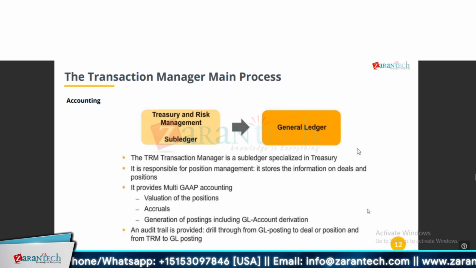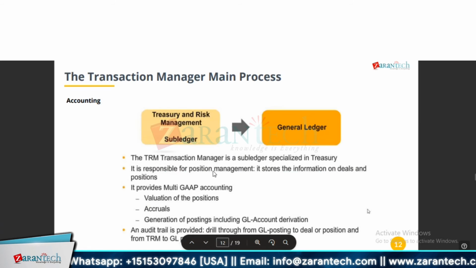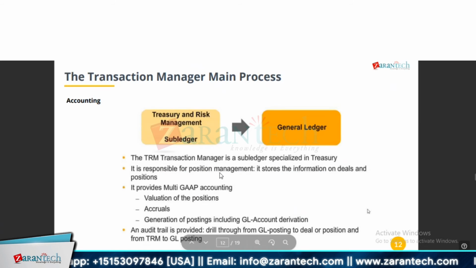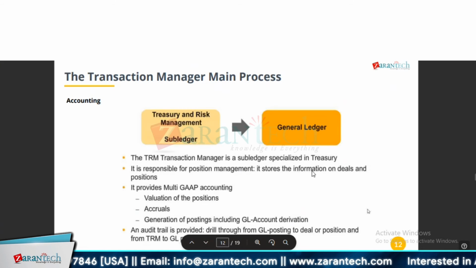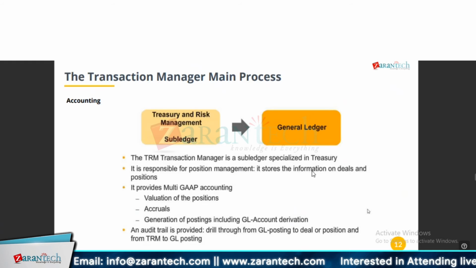Now, coming to the accounting part, I think this is a pretty similar case where we are posting our entries either to a sub ledger or to a general ledger. Similar to our electronic bank statement postings where we post to sub ledger or general ledger, in TRM the transaction manager is basically a sub ledger specialized in treasury.